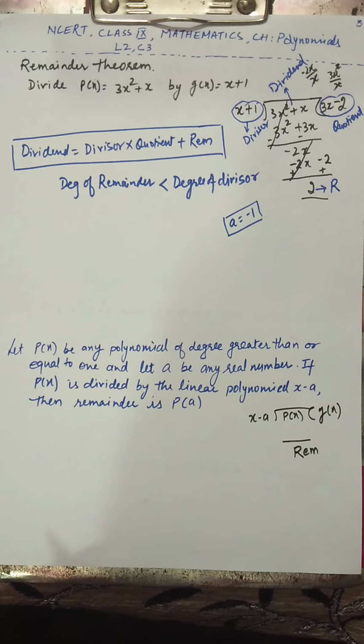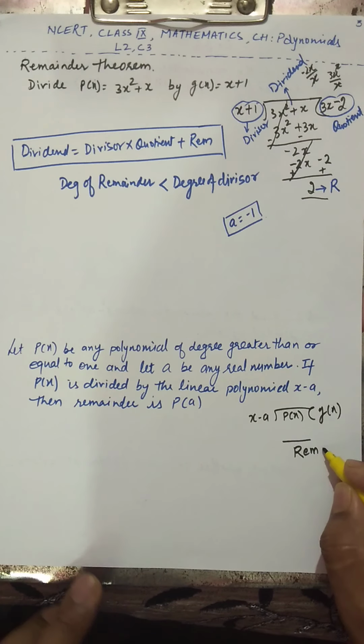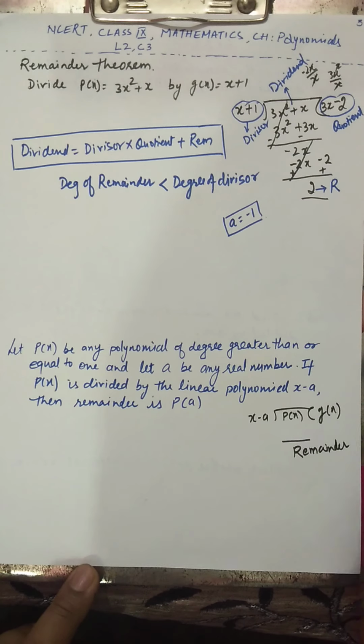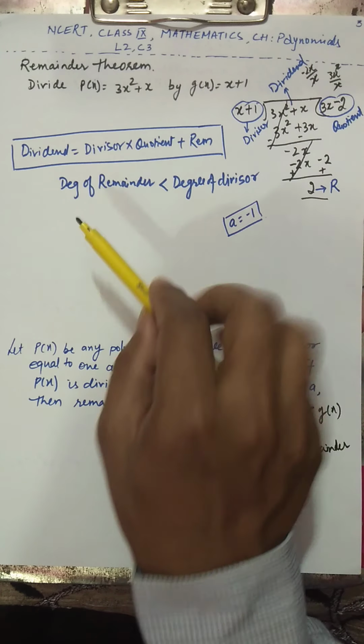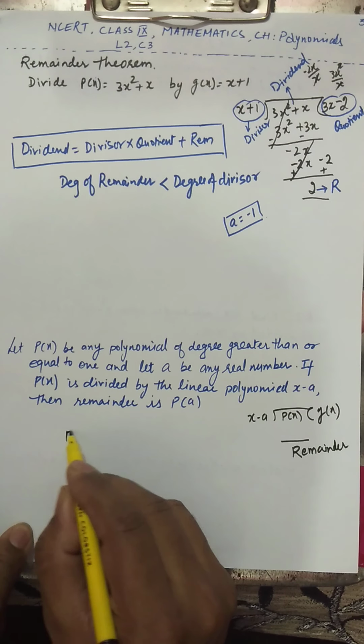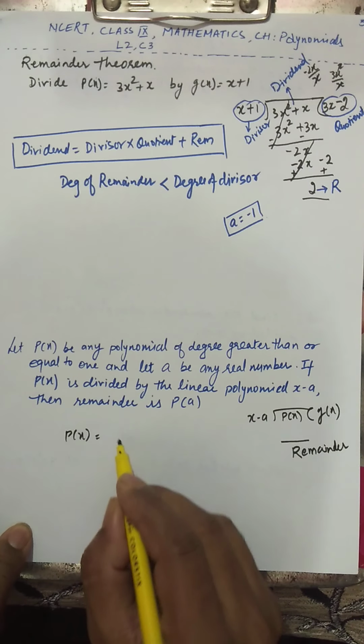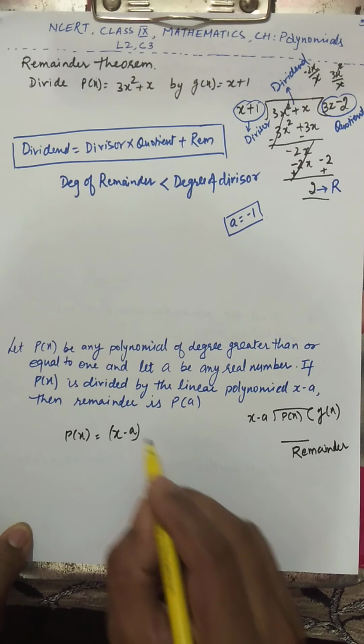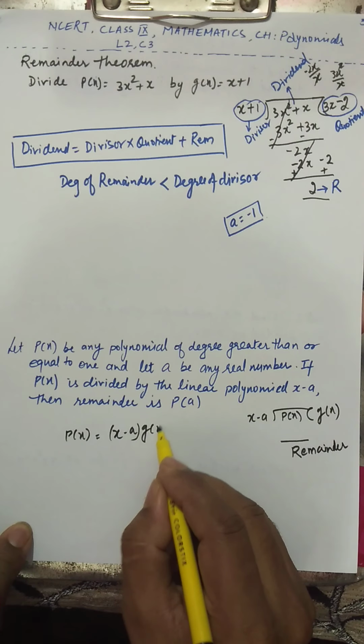Let's say this is the remainder, or in short r. So according to the rule I have written earlier, p(x) can be written as x minus a, which is the divisor, into g(x).